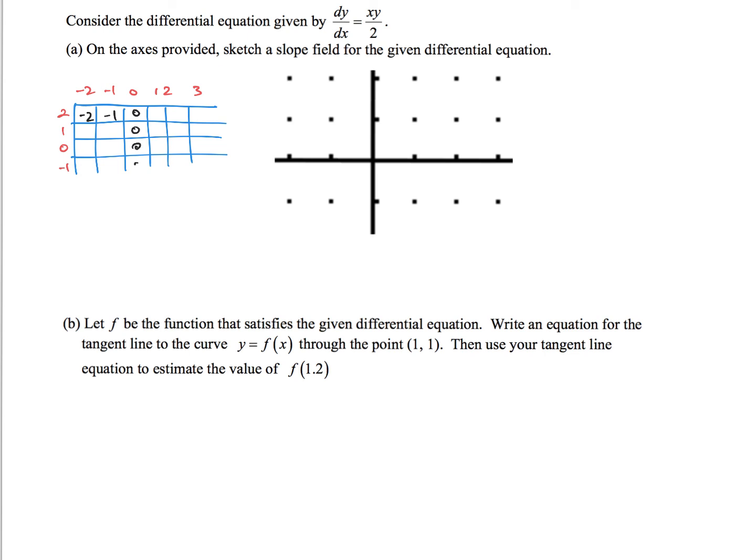All right, so when I see that kind of stuff happening, I'm going to fill out those zeros real quick. You following me? All right, that's just the way I kind of like to do it. And then let's complete our chart some more. So if I substitute in 1, 2, I get 1. If I substitute in 2, 2, I get 2. If I substitute in 3, 2, I get 3. All right, so now if I substitute in negative 2, 1, what do I get?